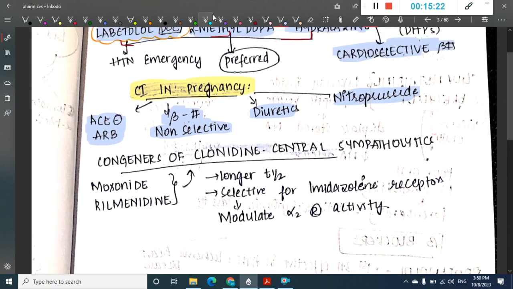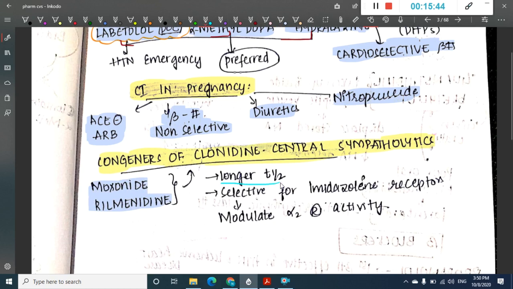Then we have learned everything about clonidine, right? Now what are the drugs which are congeners of clonidine, that is, derived from clonidine, and are also central sympatholytics? They are moxonidine and rilmenidine.